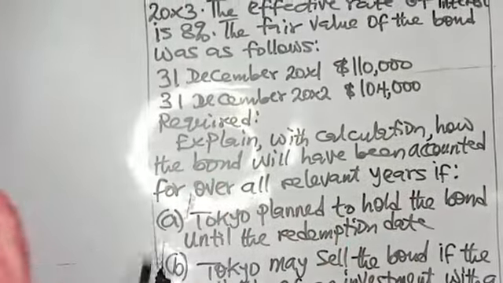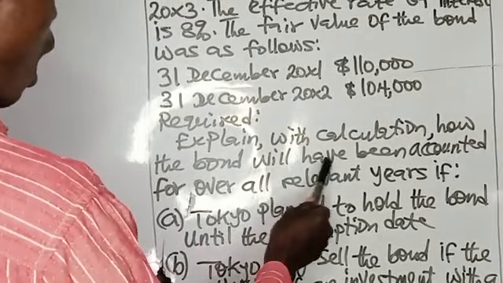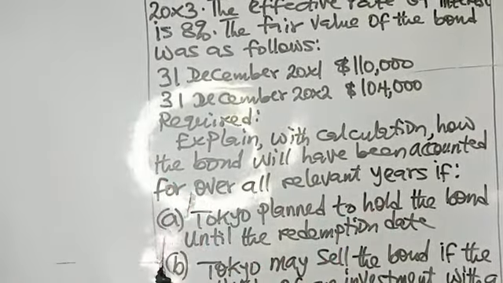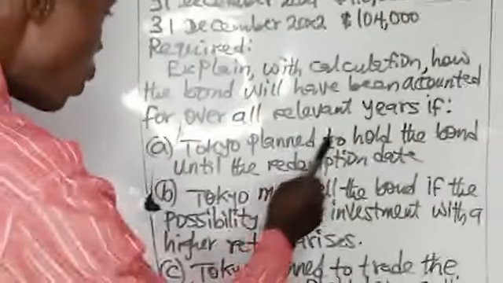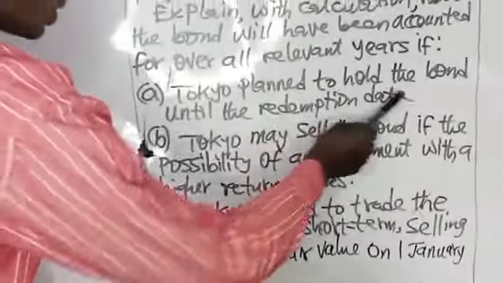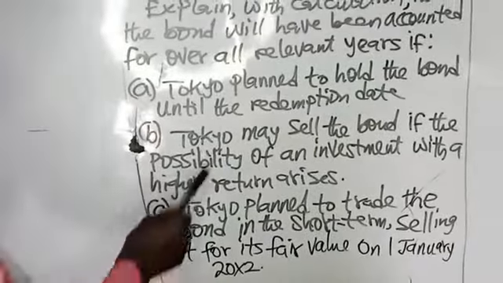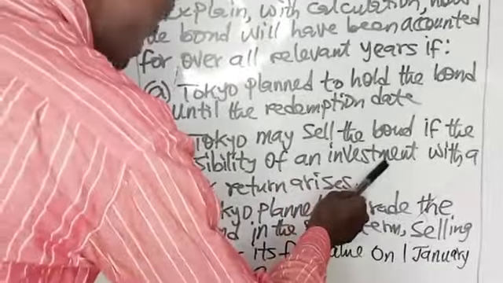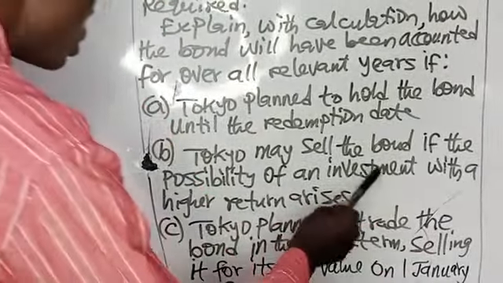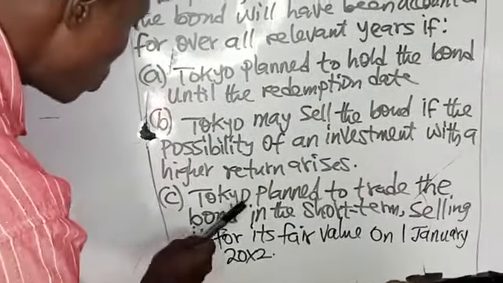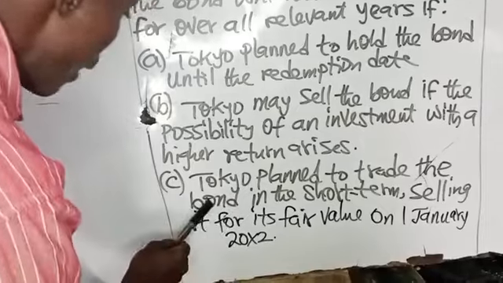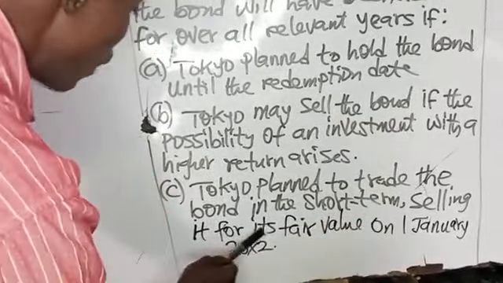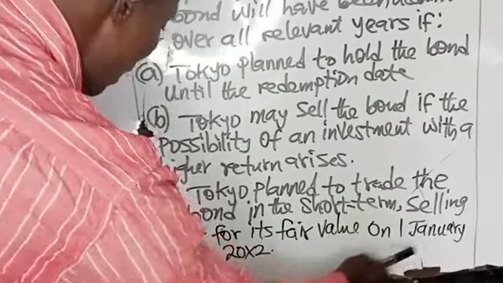Required: explain with calculations how the bond will have been accounted for over all relevant years if, A, Tokyo planned to hold the bond until the redemption date; B, Tokyo may sell the bond if the possibility of an investment with a higher return arises; C, Tokyo plans to trade the bond in the short term, selling it for its fair value on 1st January 20X2.